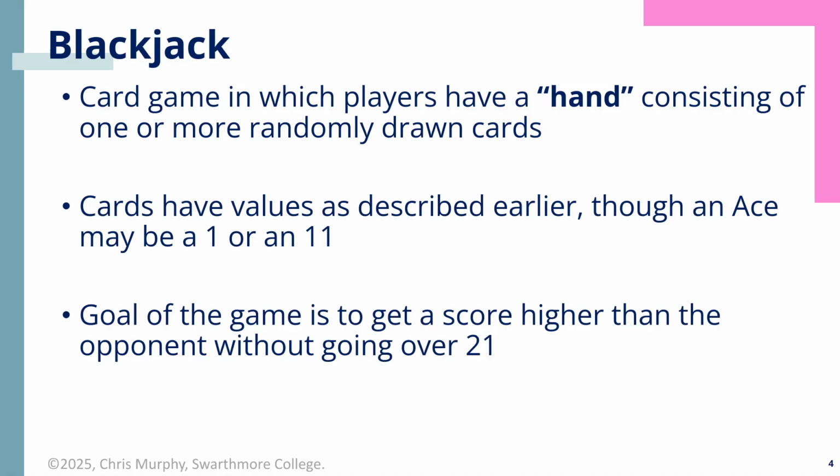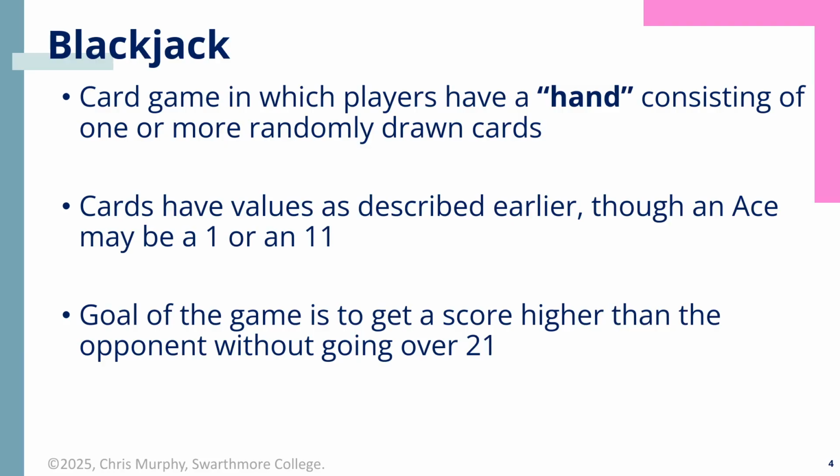Each card has a value, as we talked about the other day. Like, for instance, this card has a value of 6, and a face card, like Jack, King, has a value of 10.